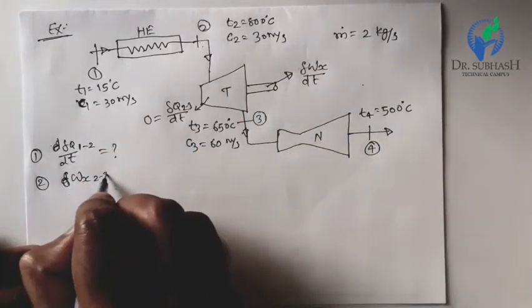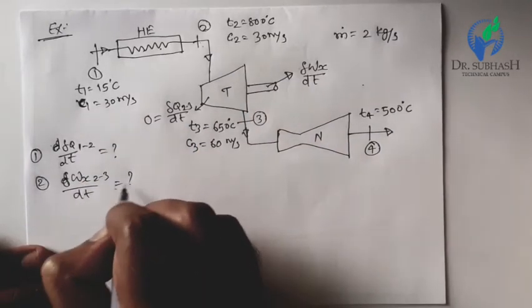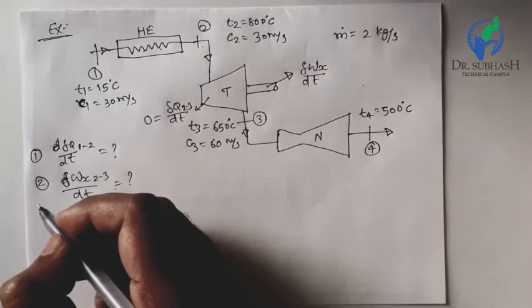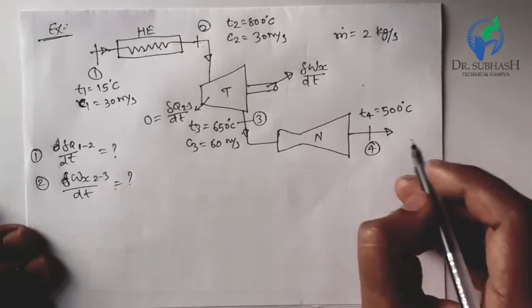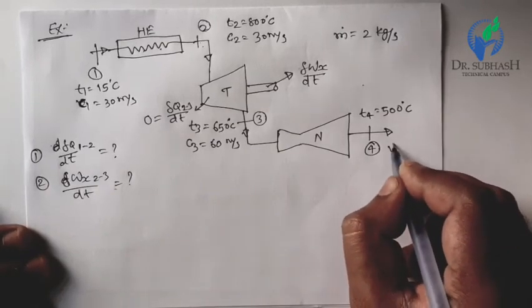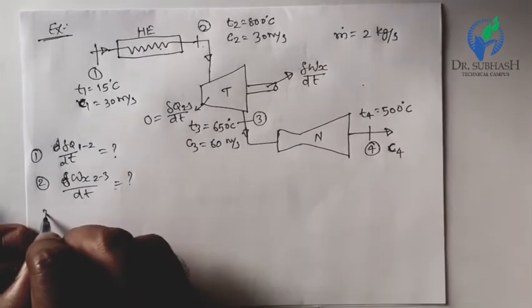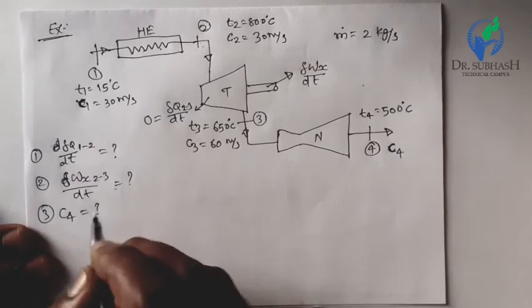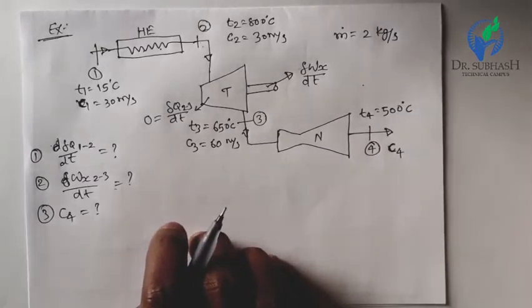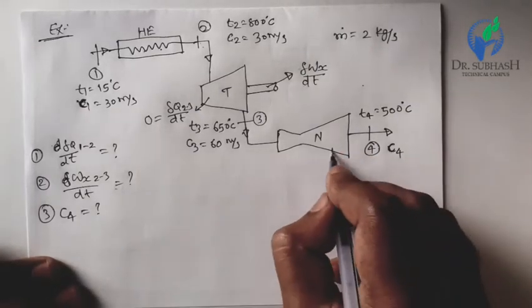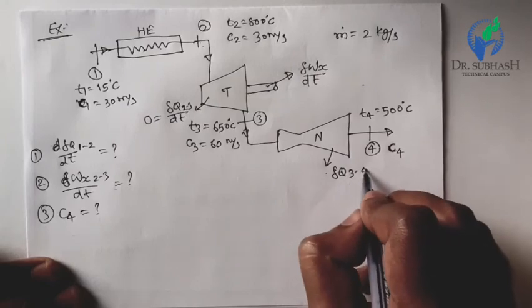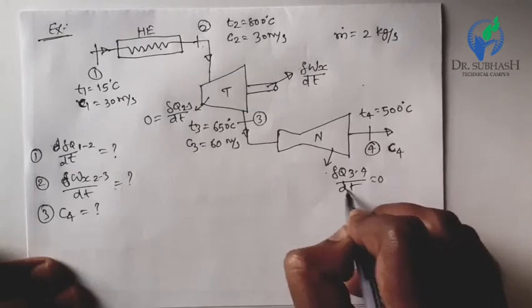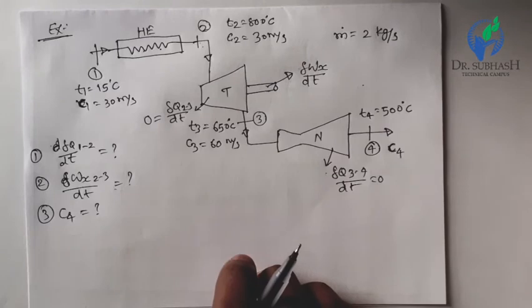Assuming no heat loss, so del Q from 3 to 4 process by dt is equal to 0. Take the enthalpy of air H equal to Cp T. So this is the general assumption, H equal to Cp T. So here you can calculate dH by just taking Cp dT, the temperature difference multiplied by the specific heat at constant pressure, where Cp data is also given.